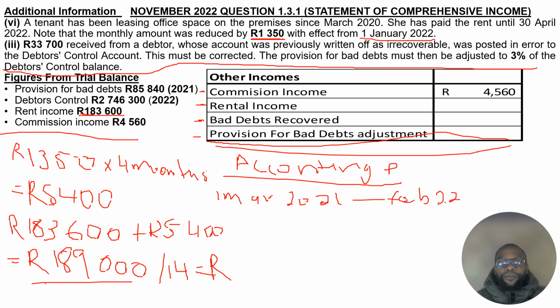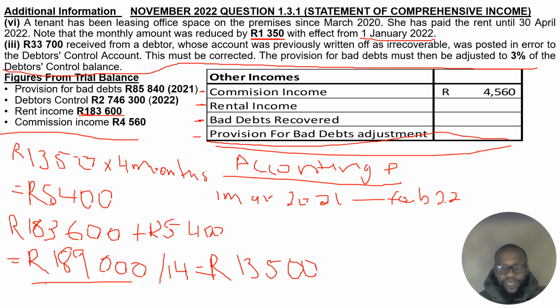This 14 months is coming from March 2021 to February 2022, which is 12 months, and then we add March 2022 and April 2022, which makes 14 months. Divided by 14 months, per month it is 13,500, if there was no decrease.